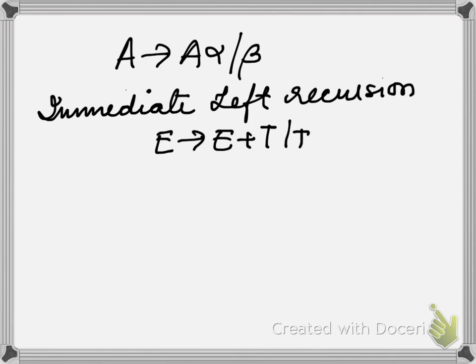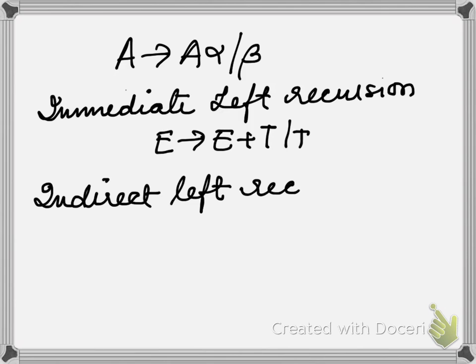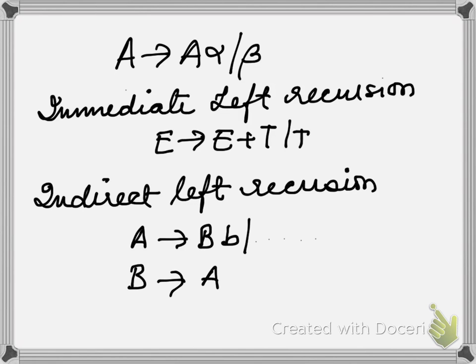We may have another type of left recursion, which is known as indirect left recursion. How does indirect left recursion look? It is something like this: A derives B, and B derives A something, and so on. Here also there is recursion.